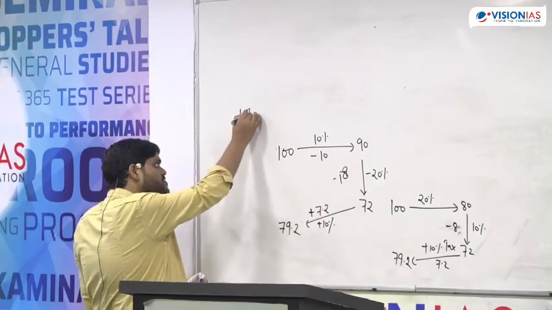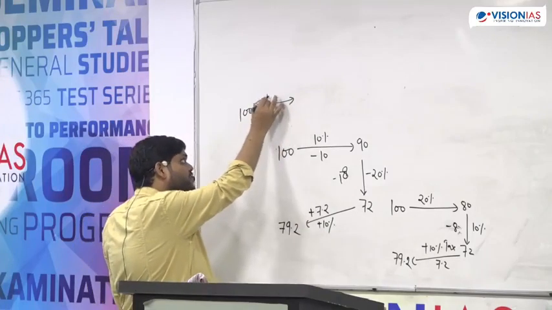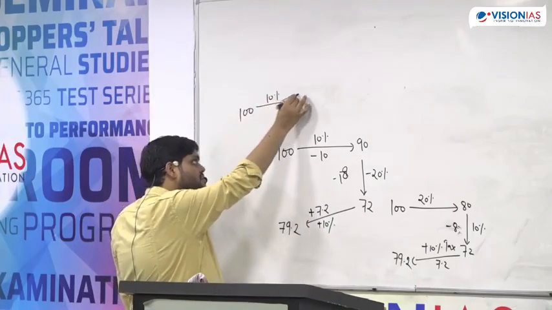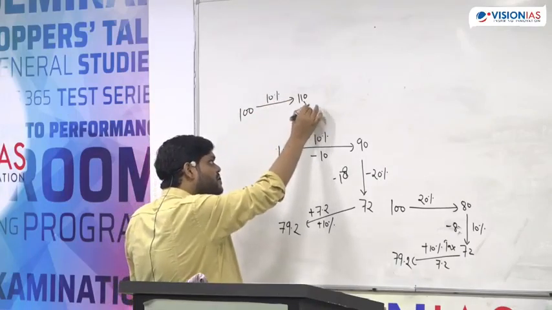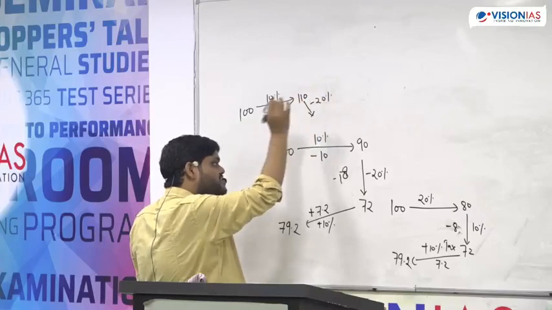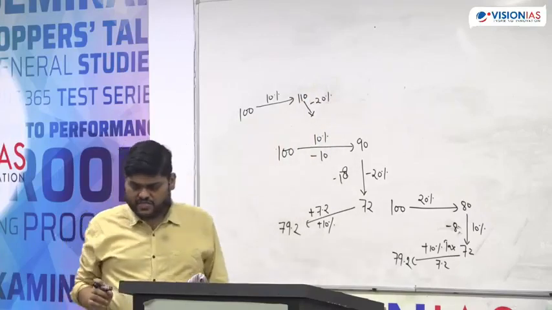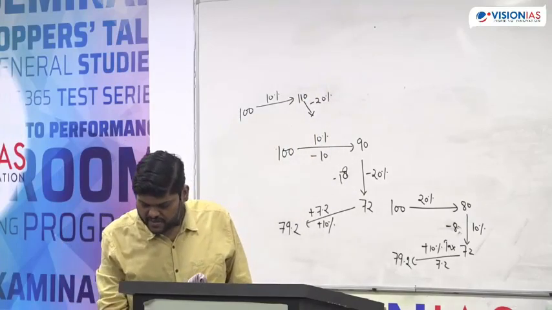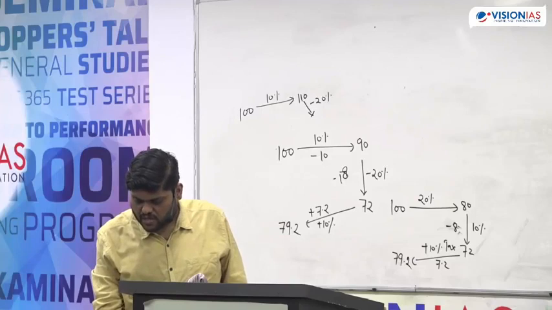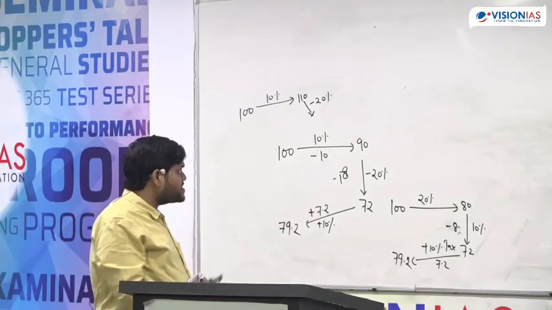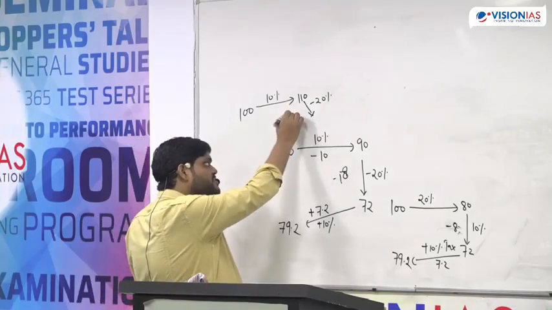Similarly, you can see the third option also. Third option was 100. First you have paid the service tax. This becomes 110. Then you have a 20% discount first. 20% discount means 22.